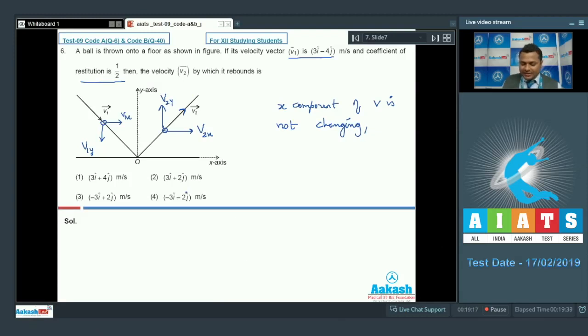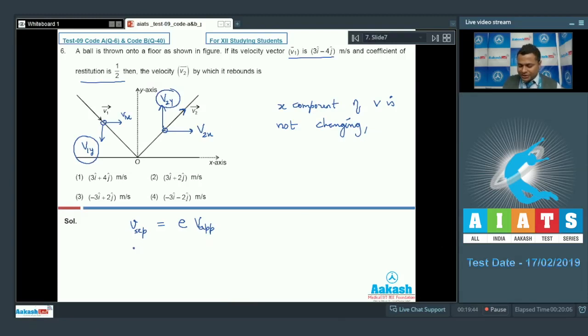Now we can say that the ball is approaching the surface with v1y speed. The ball is separating from the surface with v2y speed, and we know the very famous relation in collision that velocity of separation is always equal to e times velocity of approach, where e is known as the coefficient of restitution, that is given in your question.